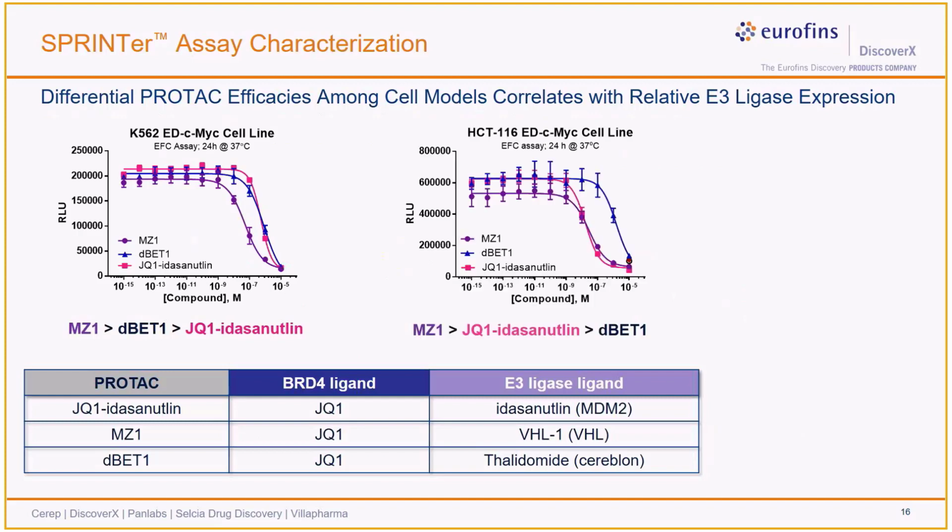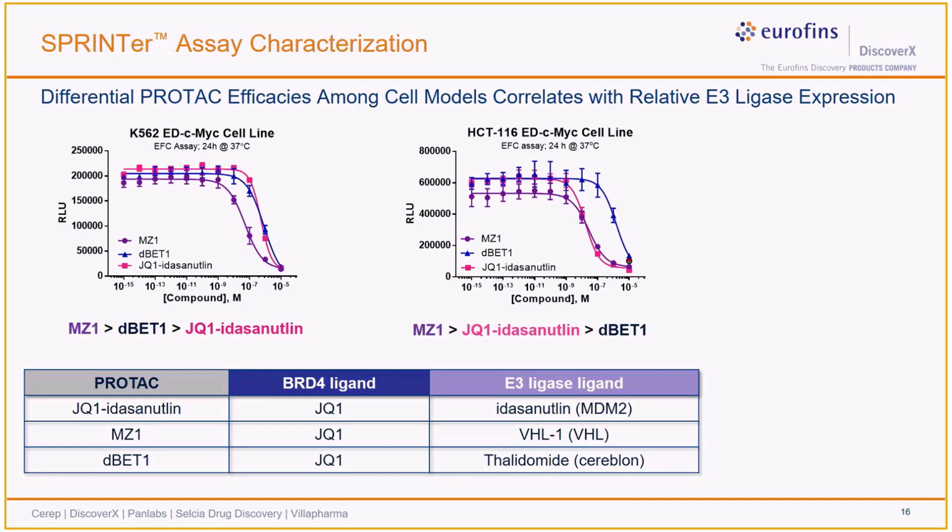However, when we tested it in HCT116 c-MYC biosensors, we find this Nutlin-based PROTAC is more potent than dBET1. This increase of potency from K562 to HCT116 cell line also holds true in BRD4 biosensors.